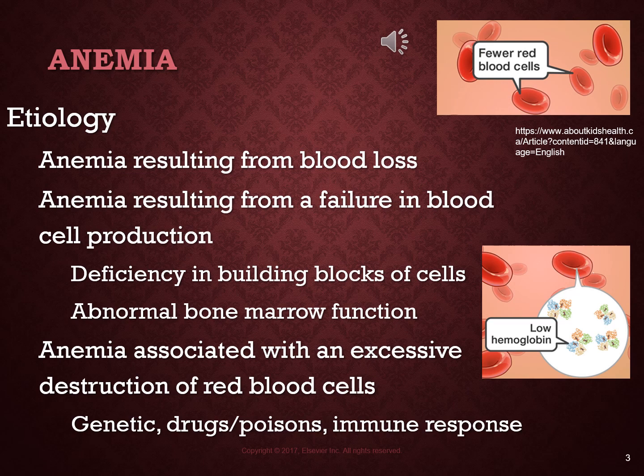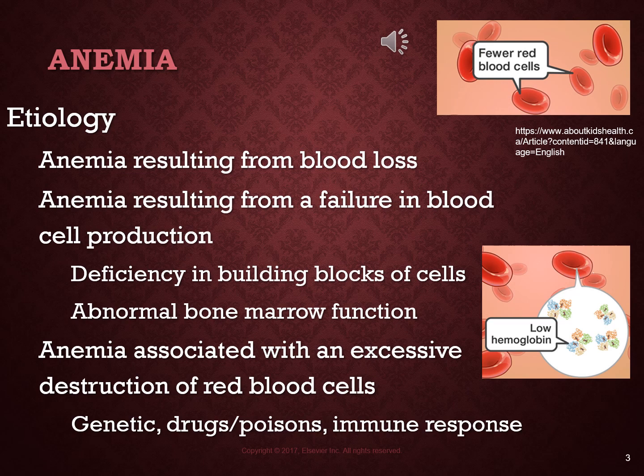You either have fewer red blood cells or lower hemoglobin, and this can result from blood loss, either a massive one-time loss after a trauma or a surgery, or a slow chronic loss, as can happen with a bleeding ulcer or colorectal cancer.